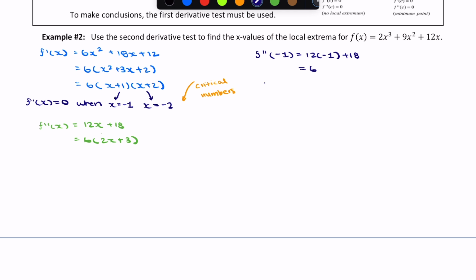And so what that means is therefore that f double prime of -1 is positive, which means that f of x is concave up at x is equal to -1, and that means that we have a local min at x is equal to -1.